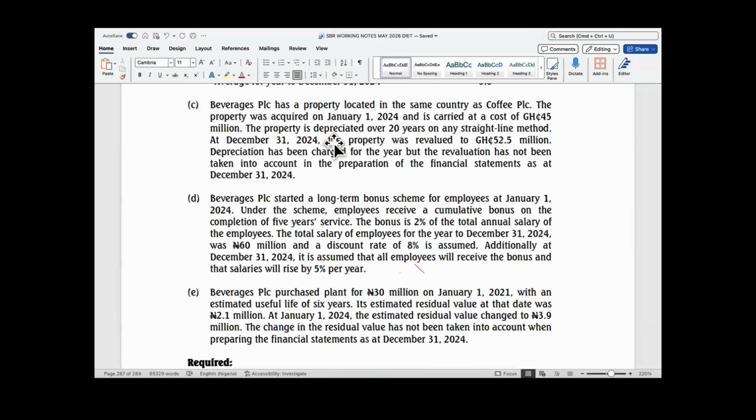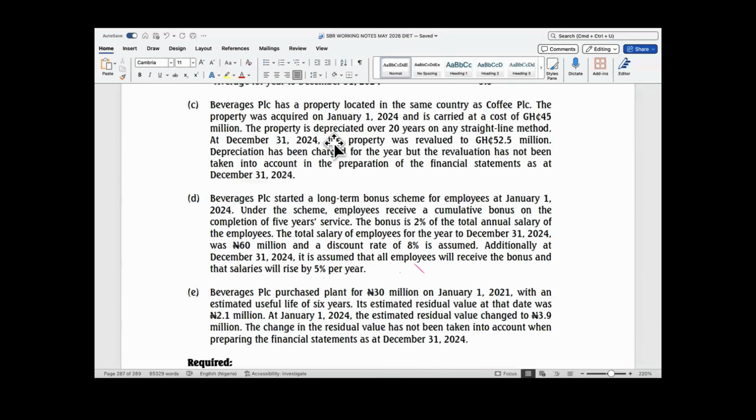Okay, so this is a long-term plan, similar to a defined benefit plan, just the same way. And that's IAS 19. If you remember, the way we account for this is we use the projected unit credit method.